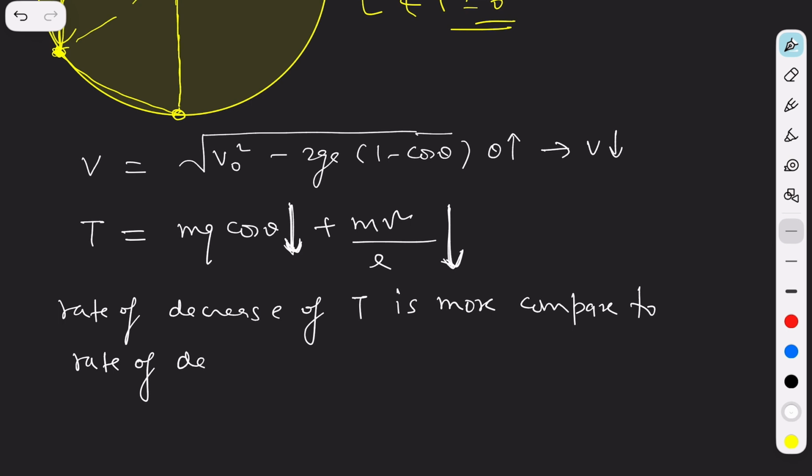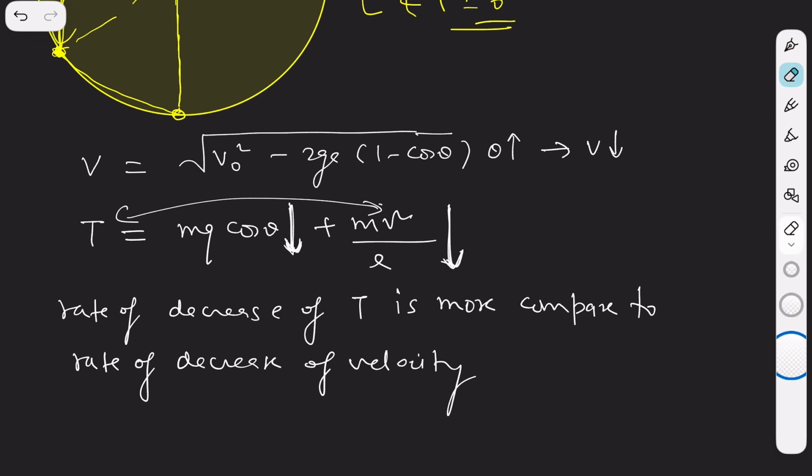Why? Because if only the velocity and tension were correlated, with v naught square minus 2gl(1 minus cos theta), we could say they are decreasing at the same rate.